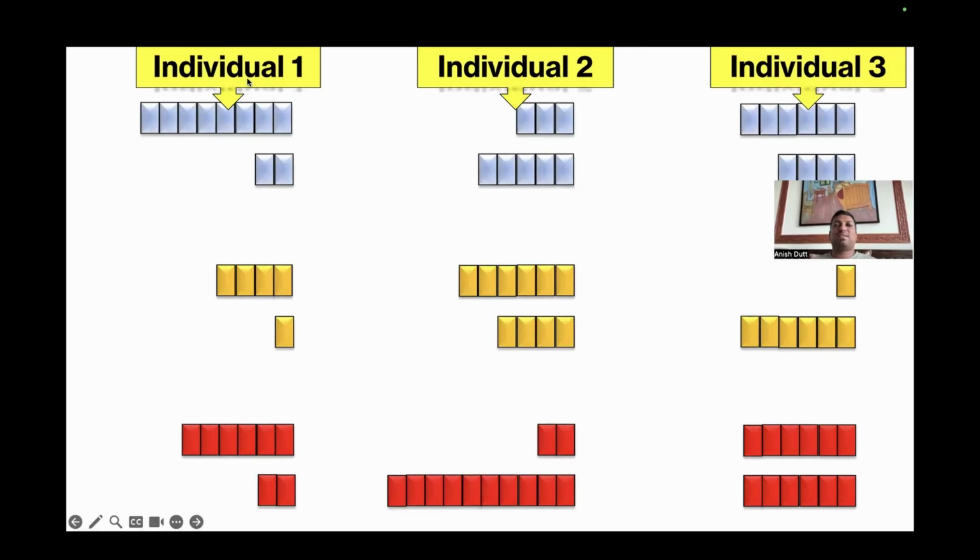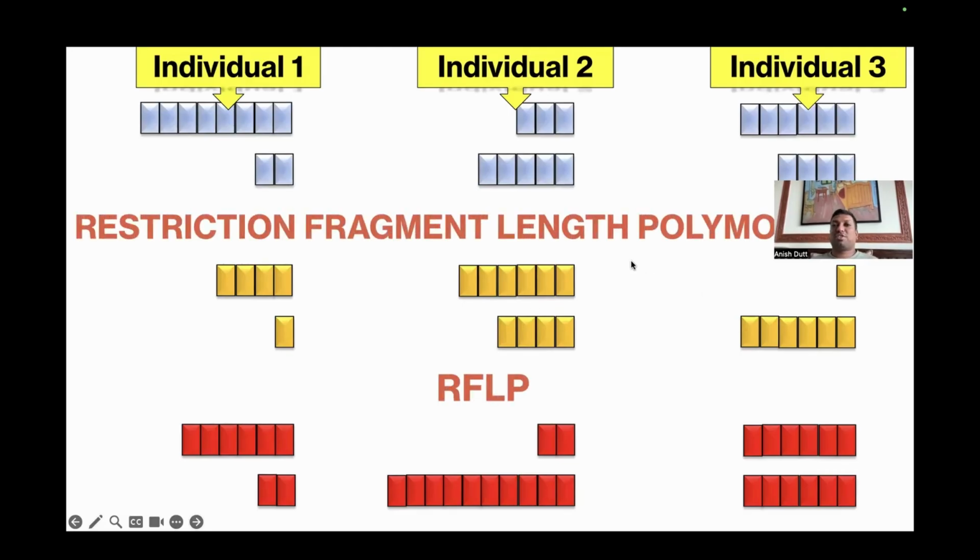So here on the left hand side, you can see all the restriction fragments which are produced by isolating the repetitive sequences from the bulk genome. These are the restriction fragments of individual 1, then individual 2, and individual 3. Can you see that the length of these fragments in different individuals varies? That's what we call restriction fragment length polymorphism.